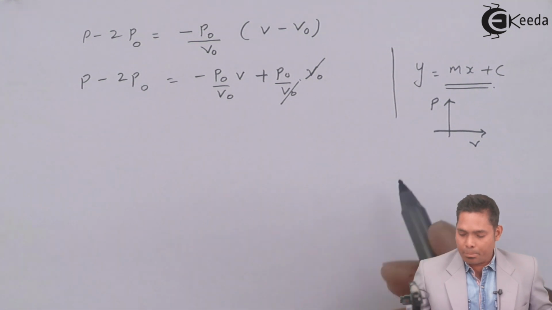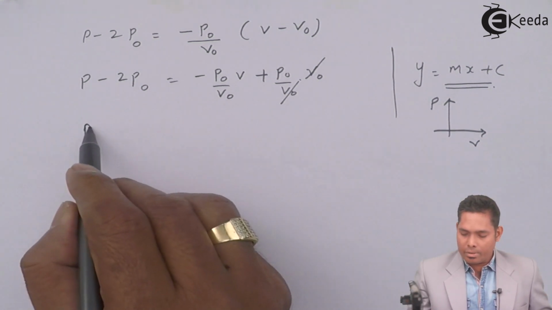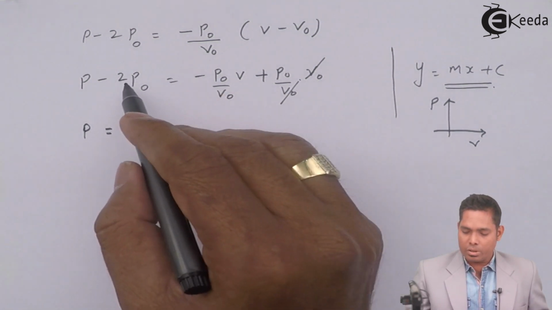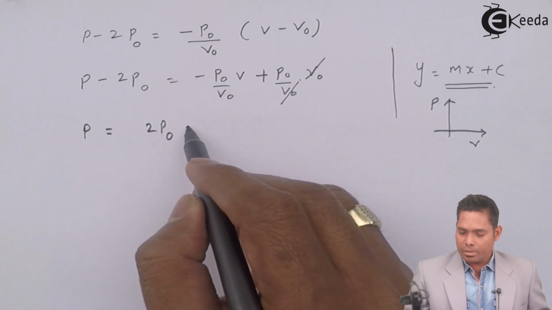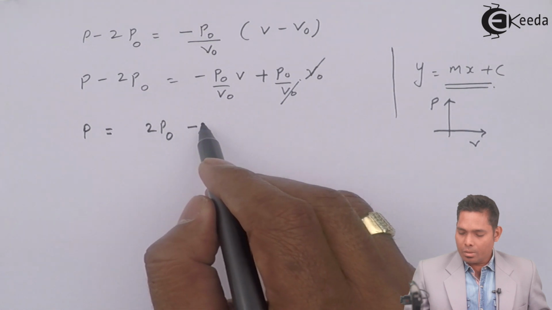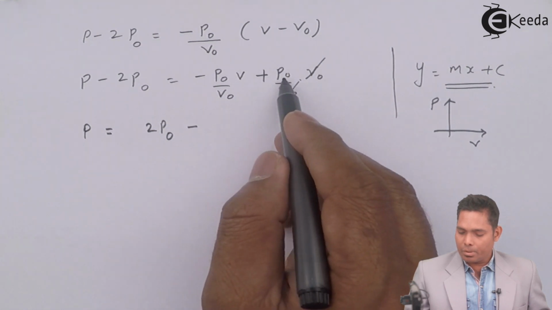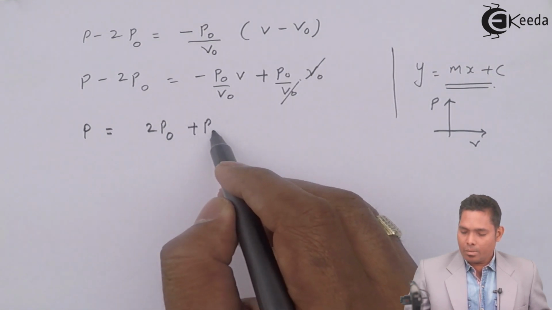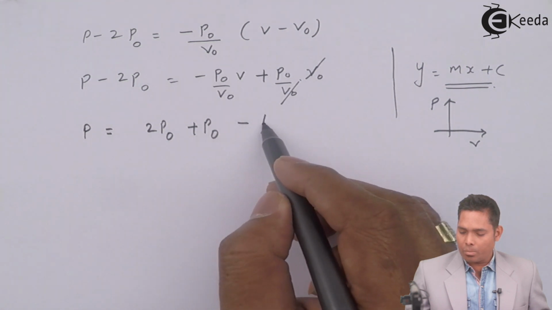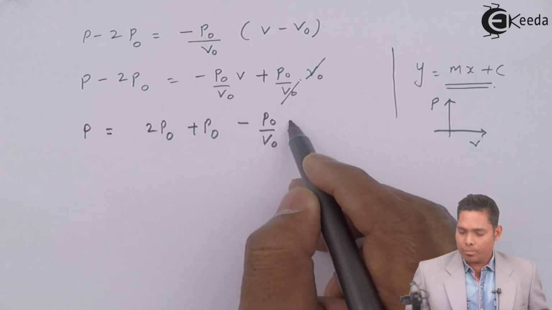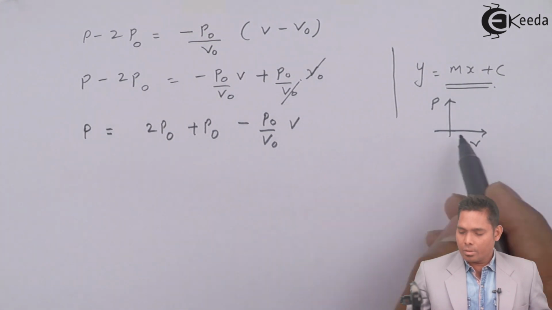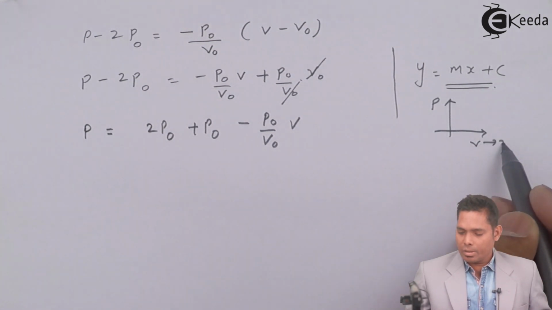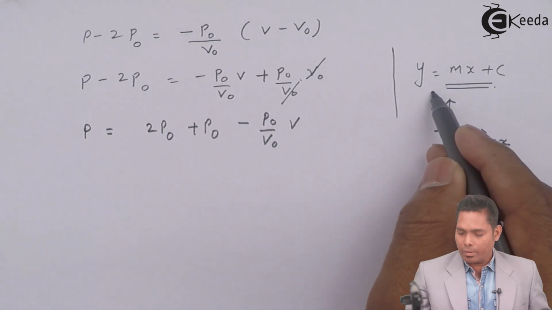So I write P, bringing this to the other side, as 2P0 plus P0 minus P0 by V0 into V. V is your x and P is your y.